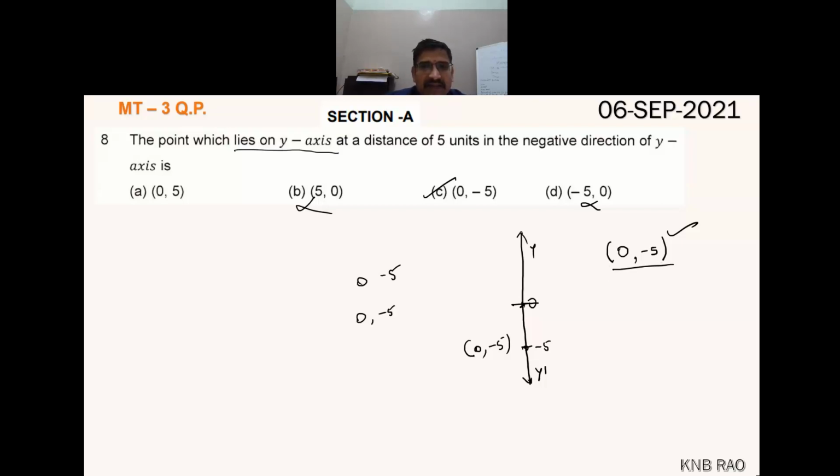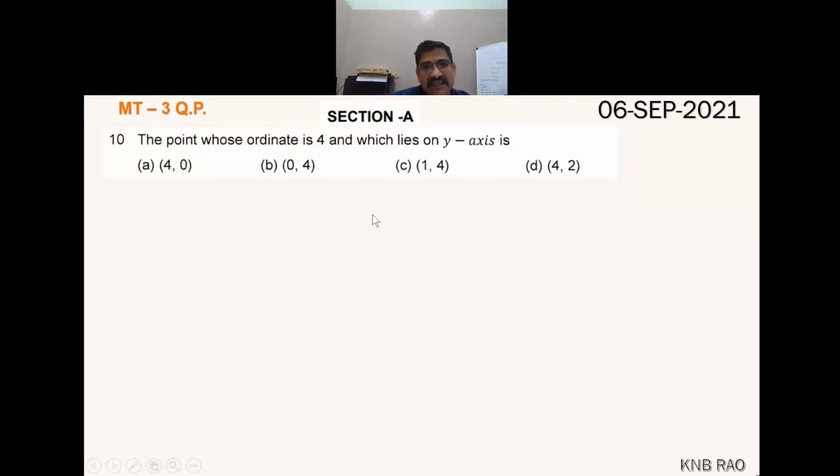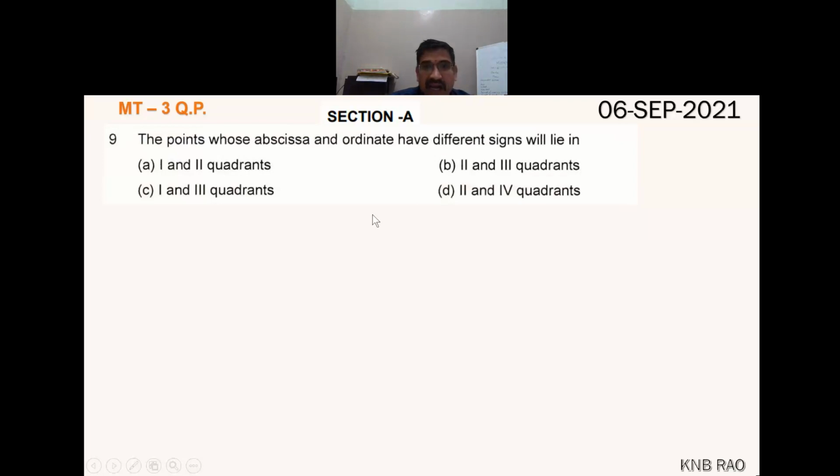Question number 9. The points whose abscissa and ordinate have different signs will lie in which quadrants? Second and fourth quadrants, sir.